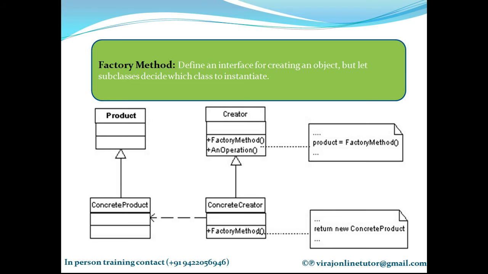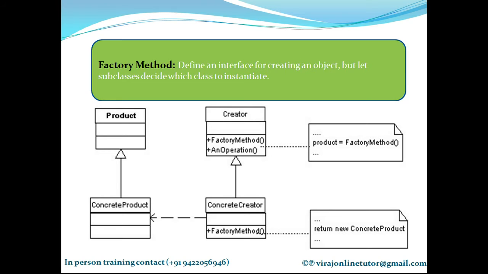Okay, so the first design pattern that we are going to discuss is the factory method design pattern. So what exactly do we mean by a factory method? Factory method defines an interface for creating an object, but lets subclasses decide which class to instantiate.